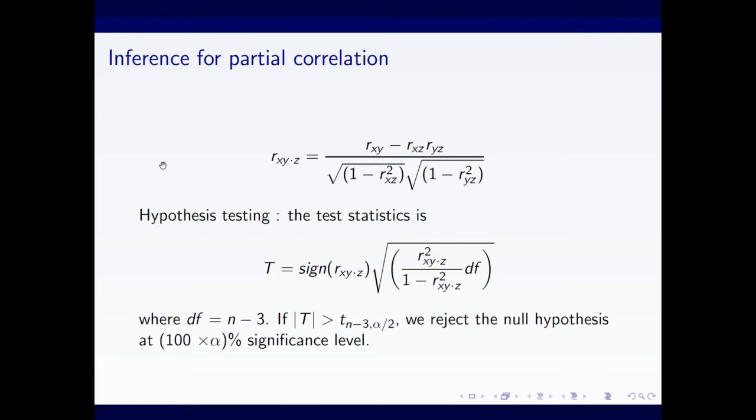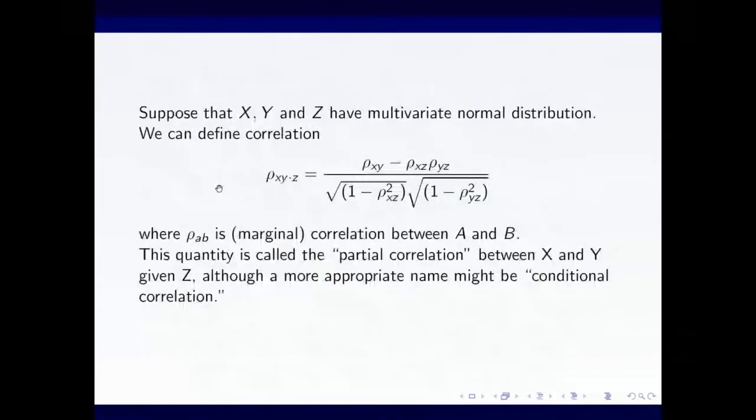So we talked about the partial correlation, which is a population quantity, which is the parameter. So this rho xy dot z and rho xy, rho xz, rho yz, they are all parameters.